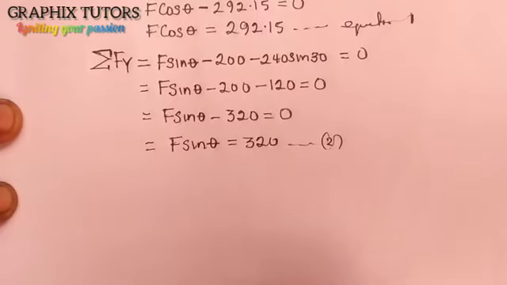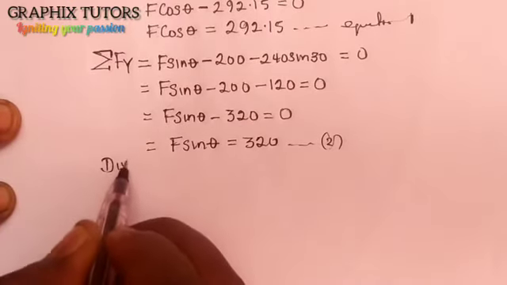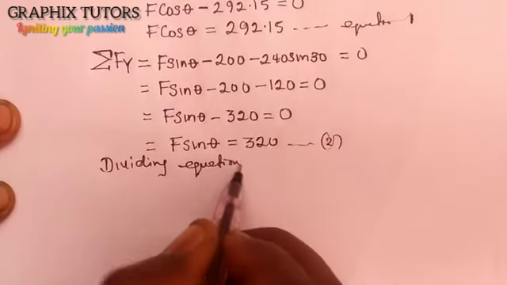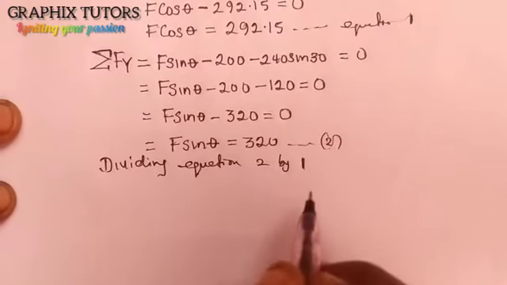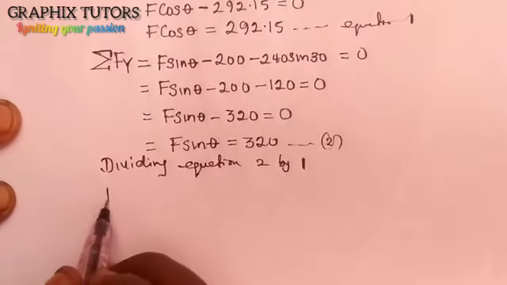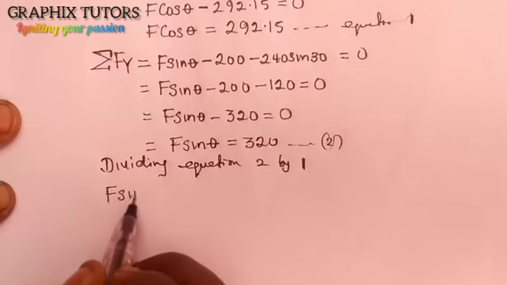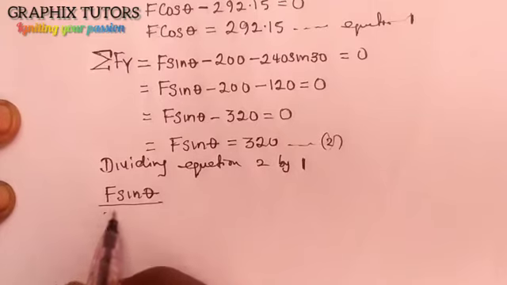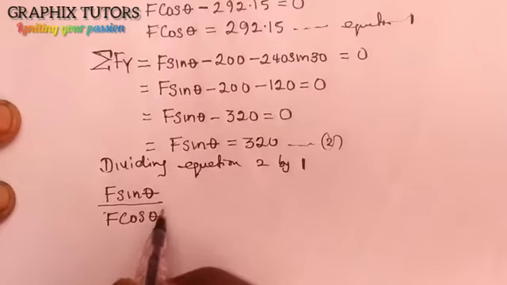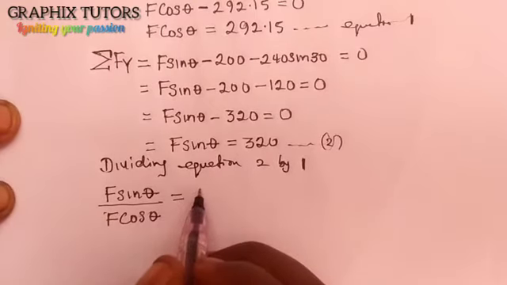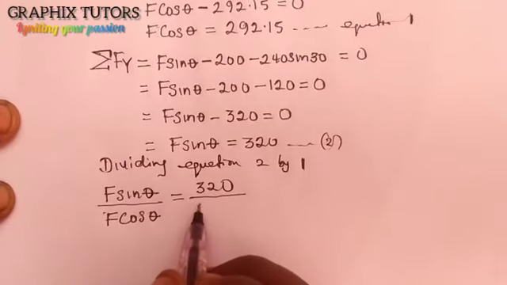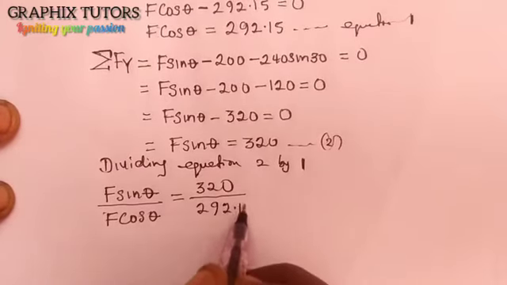Now if we divide Equation 2 by Equation 1, we'll have f sine theta over f cos theta, which gives us 320 over 292.15.